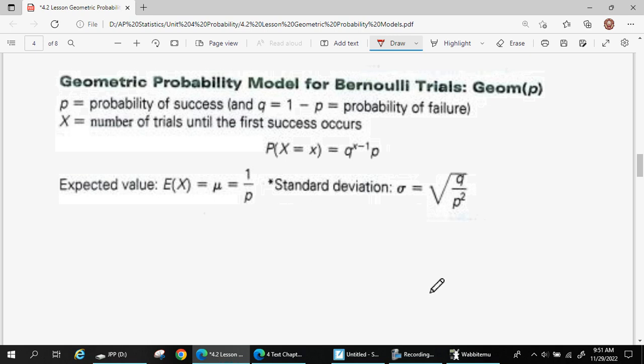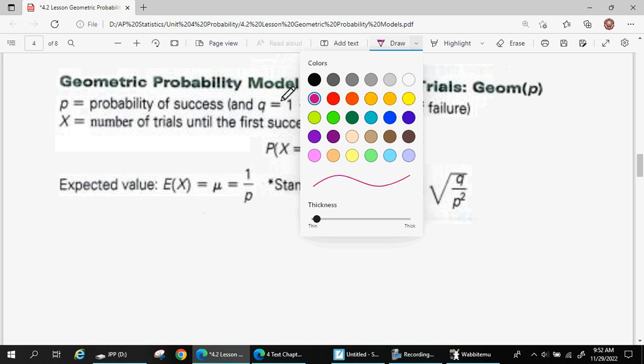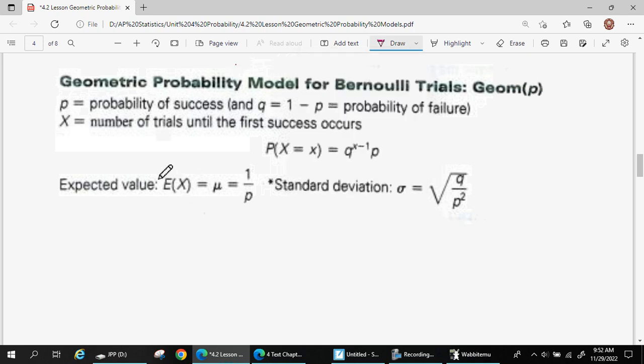So we found expected values for probability models in our last couple lessons, and we found standard deviations. And so that's going to change a little bit here. To find our expected value for a geometric probability model, we are going to take 1 and divide by the probability of success.